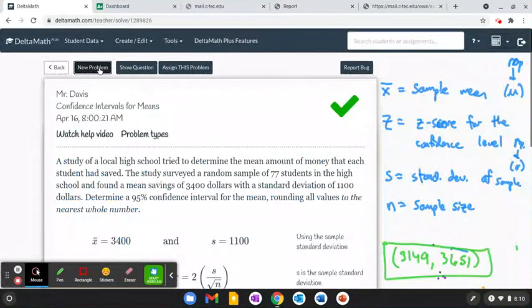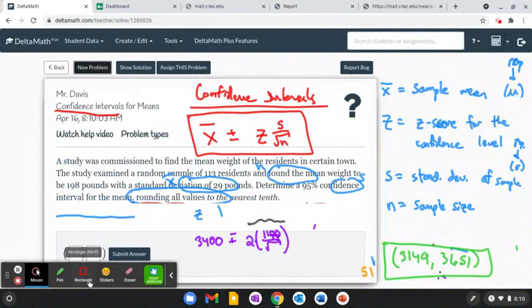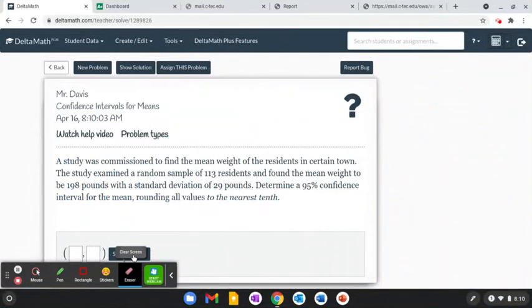All right. Let's go ahead and look at another one. Clear this out. Our formula is going to stay the same. And at least for this Delta Math, you could write this formula as x bar plus or minus z times s over square root of n. We're always going to be doing 95% confidence intervals for these problems.